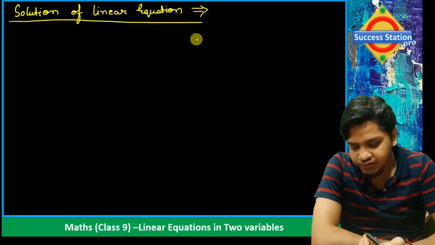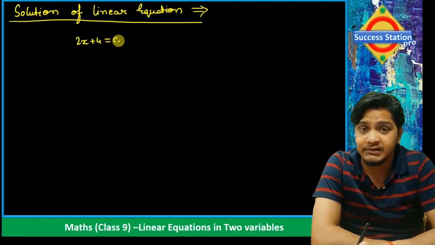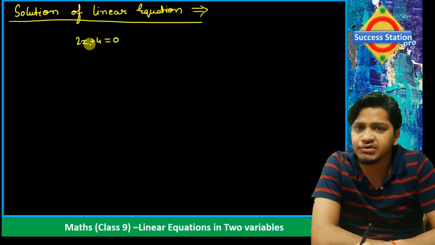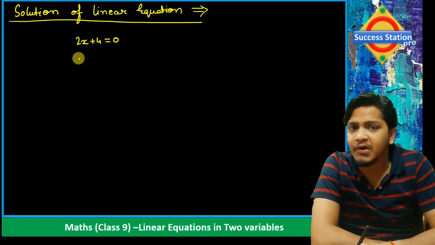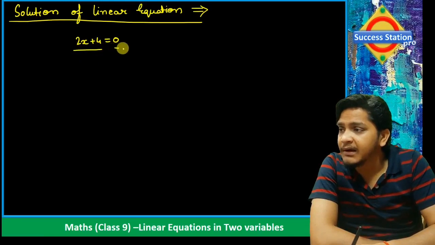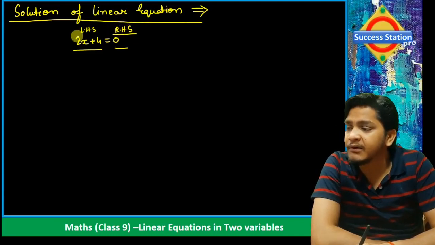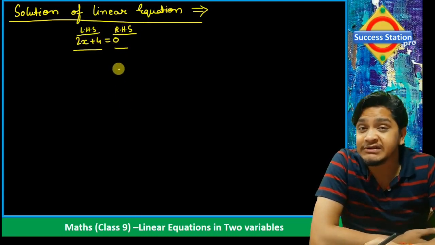So what is a solution? You had 2x plus 4 equal to 0, a linear equation in one variable. What was the solution? The solution was the value of x for which this will become equal to 0, because here we had to make LHS equal to RHS. Our main aim is this: for what value of x the LHS will be equal to RHS, or the equation is satisfied.